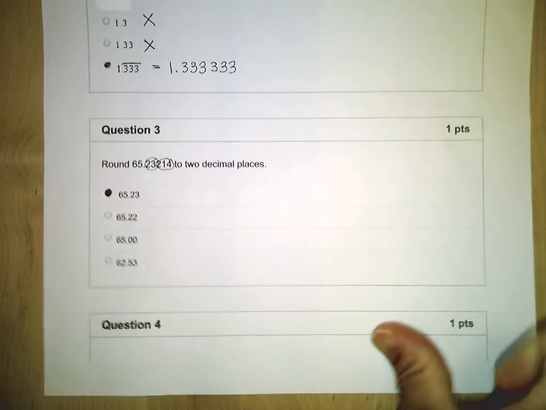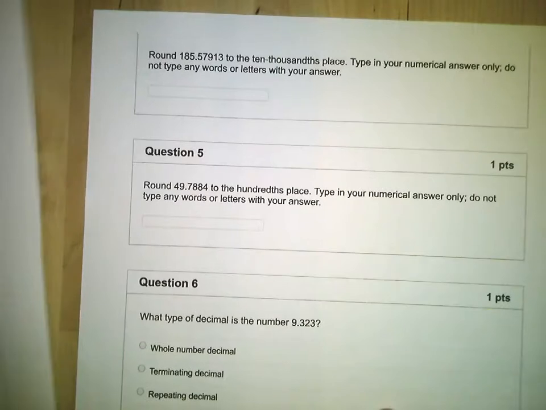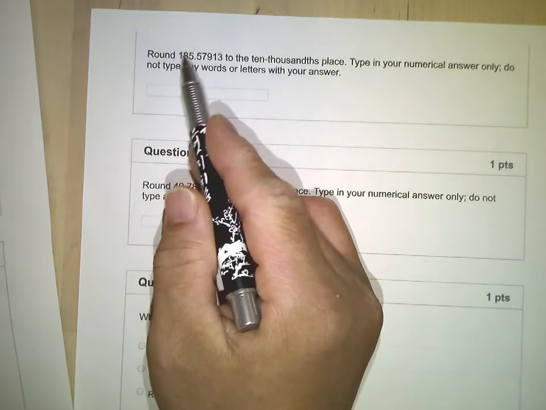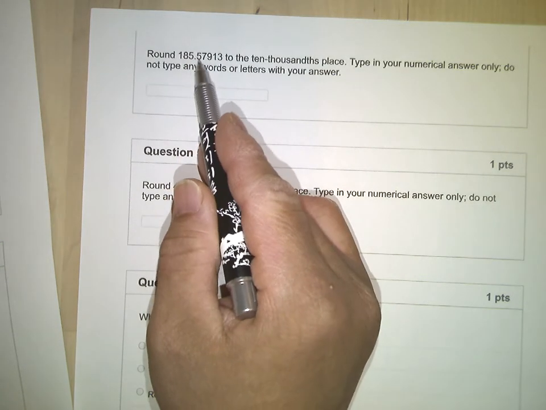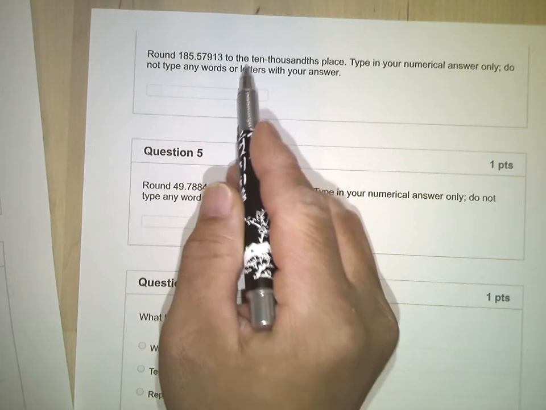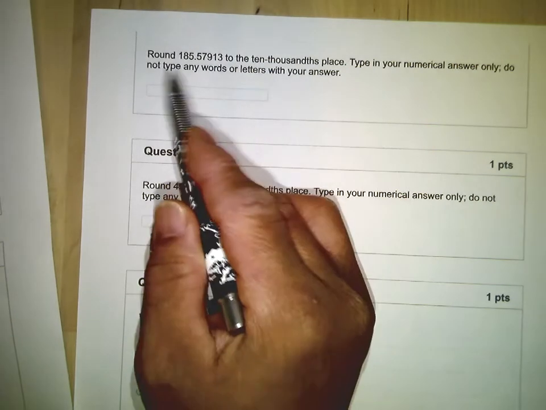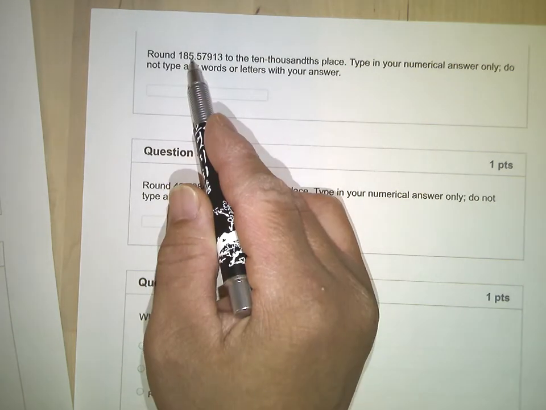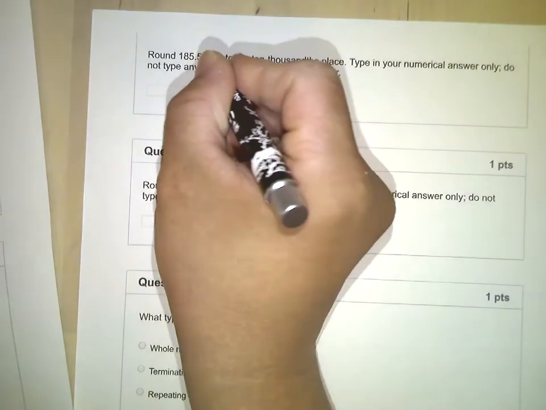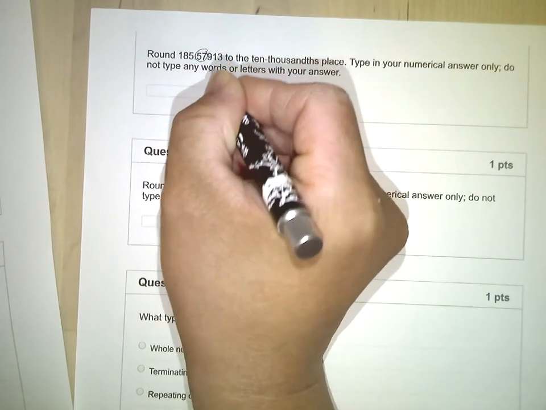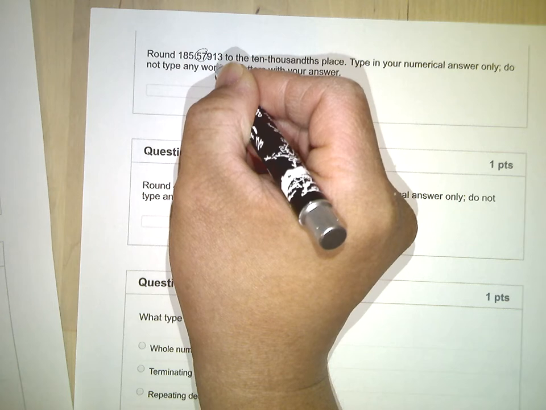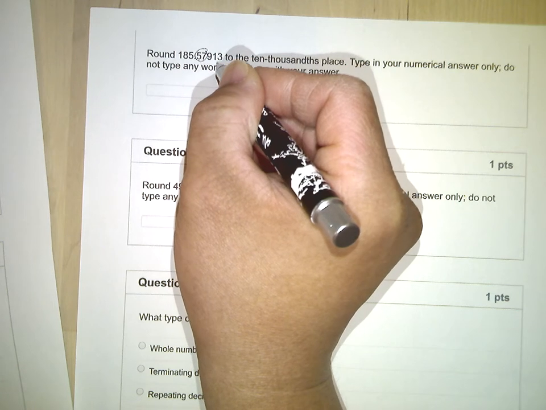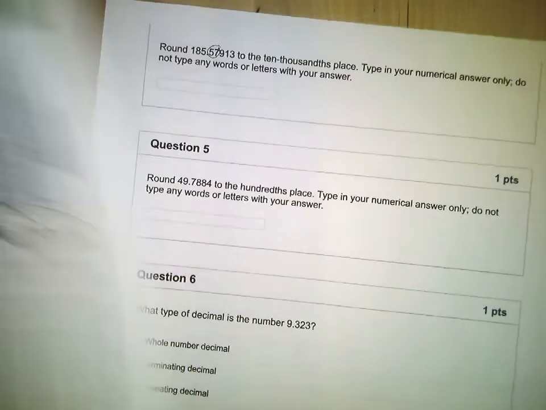All right, let's try another one here. Round 185.57913 to the 10,000ths place, or 185 and 57,913 hundred thousandths to the 10,000ths place.